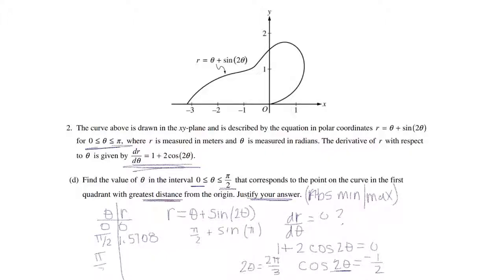That would be the other value we need to check. So take your pi over 3 and plug into r, and when you do that, you end up with 1.913. And so at which angle theta do we get the maximum distance? It's going to be when theta is pi over 3. It happens right here. So theta equals pi over 3.